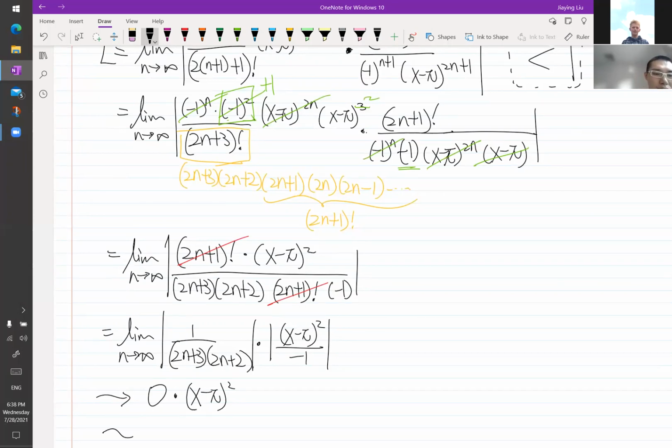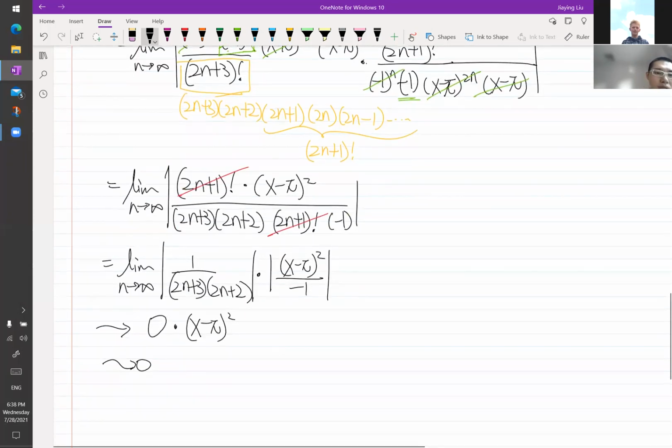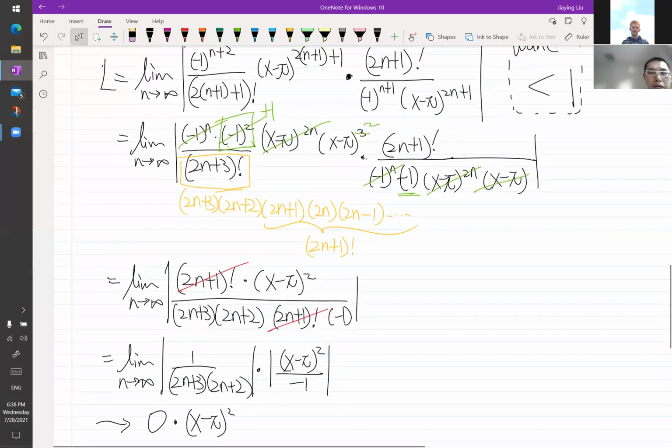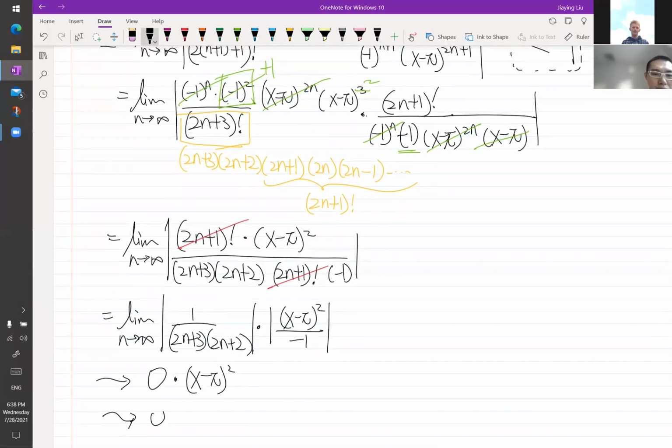So that just becomes 0. So L equals 0, right? For any x value. We know that 0 is always less than 1, so it's going to be less than 1 for all x values.